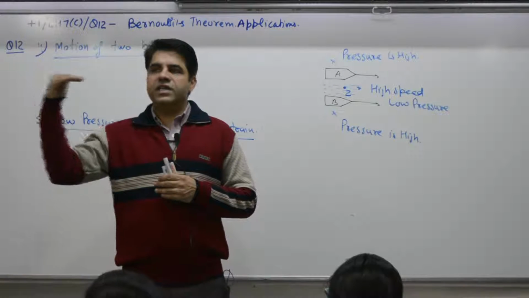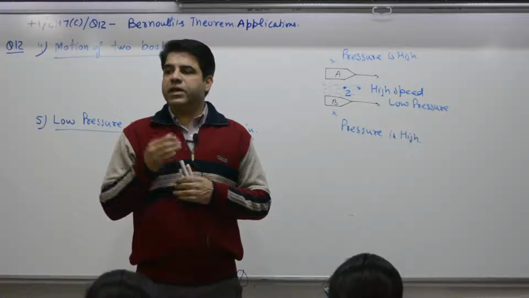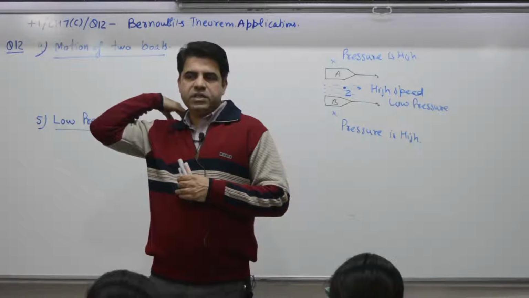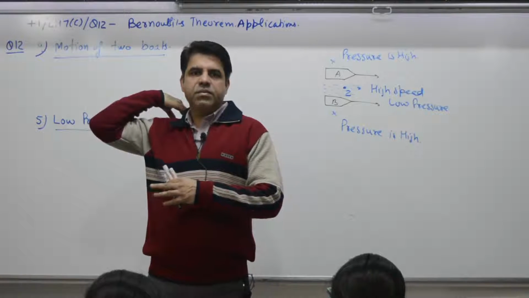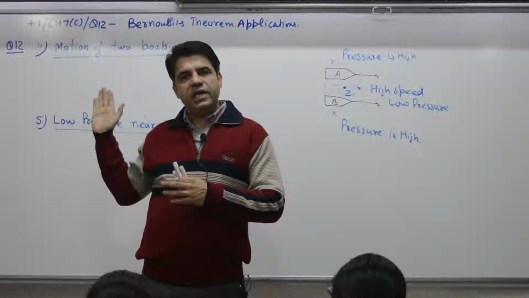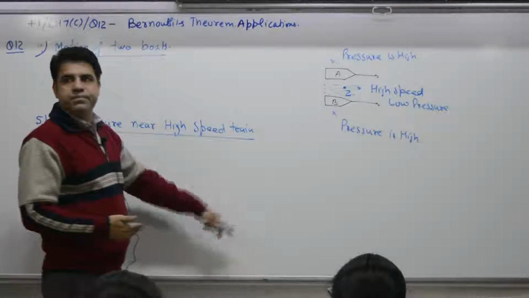If a fast train passes nearby, speed is high, pressure will be low, and pressure at the back of the passenger, the nearby standing person, will be more. So that person experiences more pressure outside and less pressure near the train.